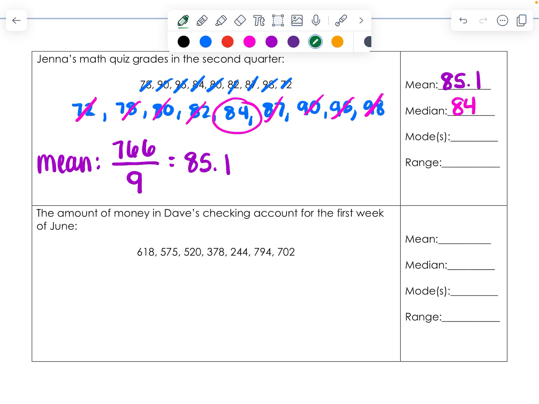So that actually means I don't have a mode. And for my range, the biggest number is 98. The smallest is 72. So 98 minus 72 gives me 26.